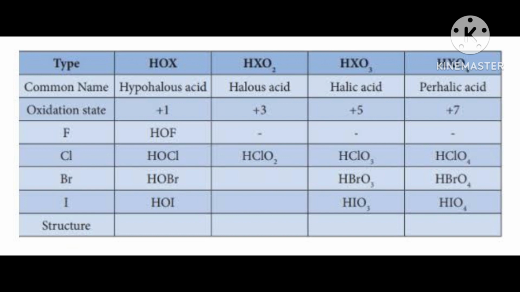Now related to iodine, oxoacids of iodine. Oxidation state 1 is hypoiodous acid. Here iodine has +1 oxidation state. No third, direct fifth, oxidation state +5, HOIO2, 3 oxygen, called iodic acid.